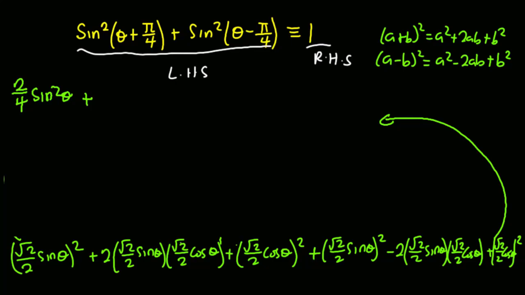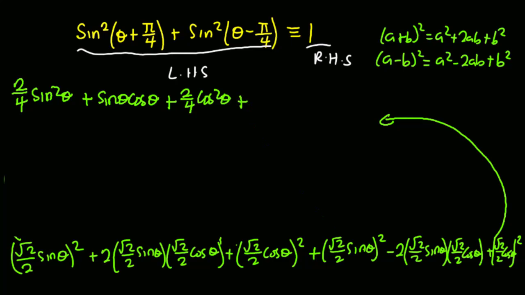Now root 2 times root 2 is 2, divided by 4 times 2 gives us 1, and sine theta times cos theta gives us sine theta cos theta, plus another root 2 squared. So root 2 squared gives us 2 on 4 cos squared theta.